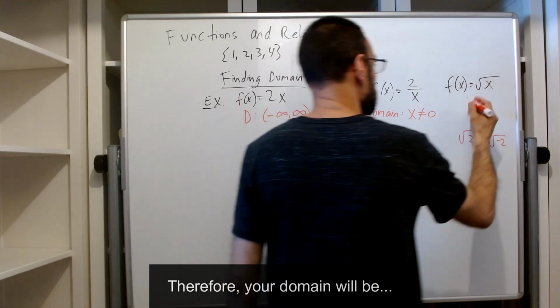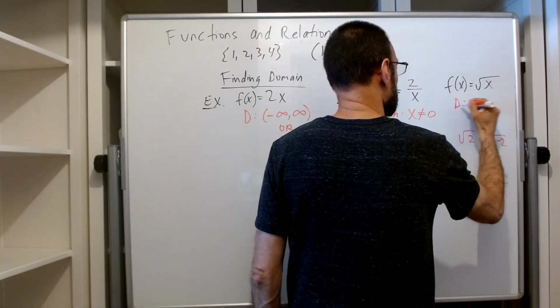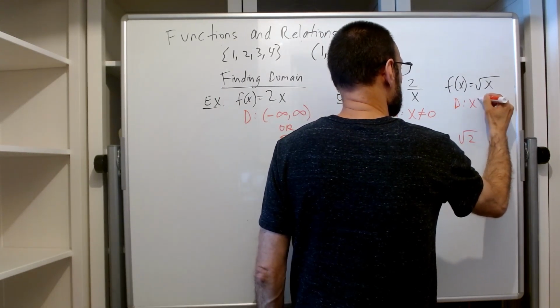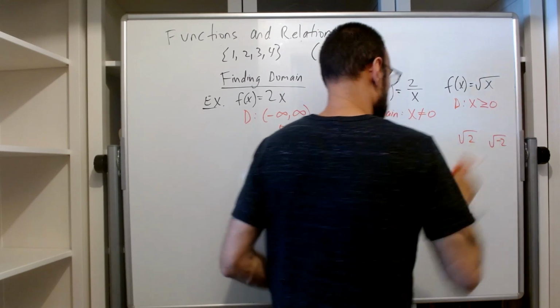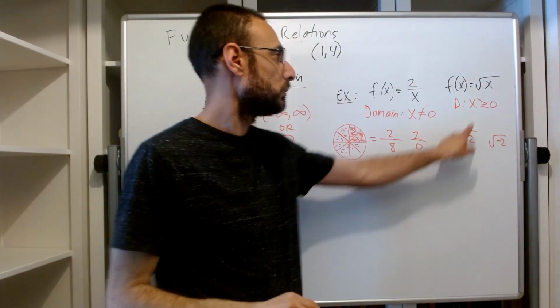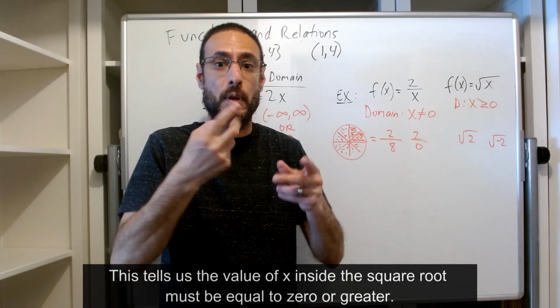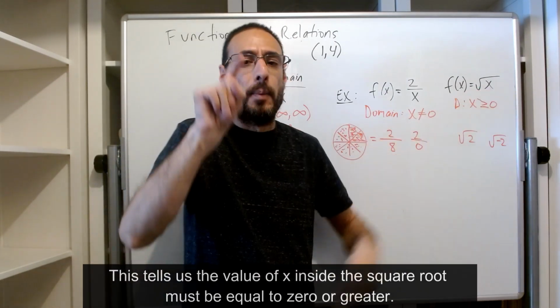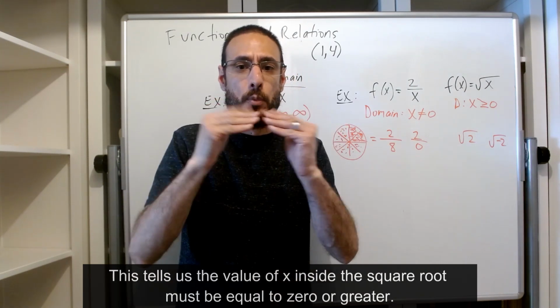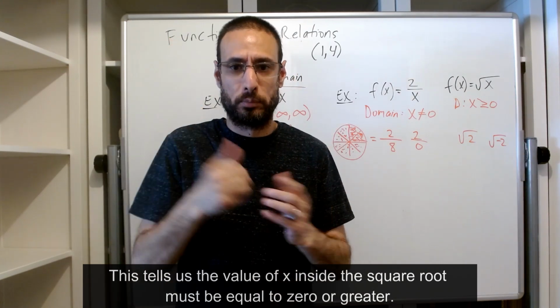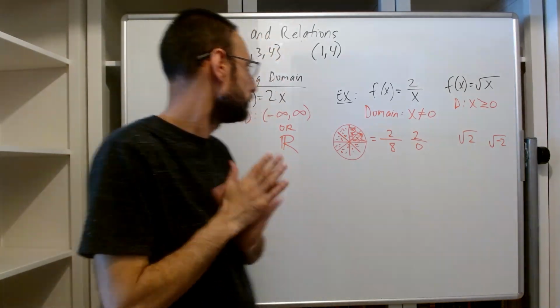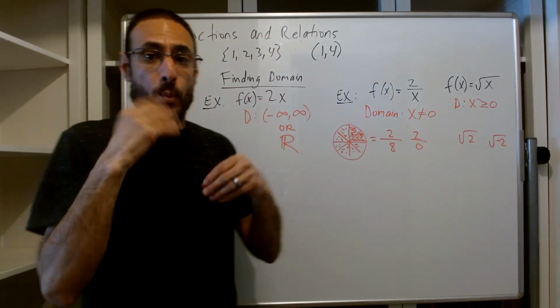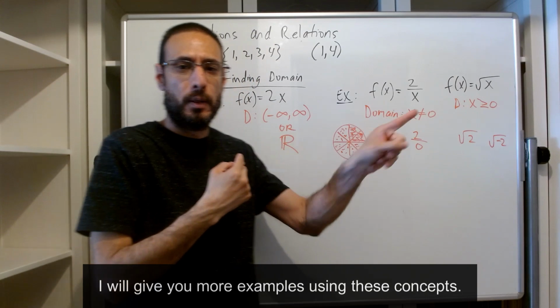Therefore, your domain will be... This tells us the value of x inside the square root must be equal to 0 or greater. I will give you more examples using these concepts.